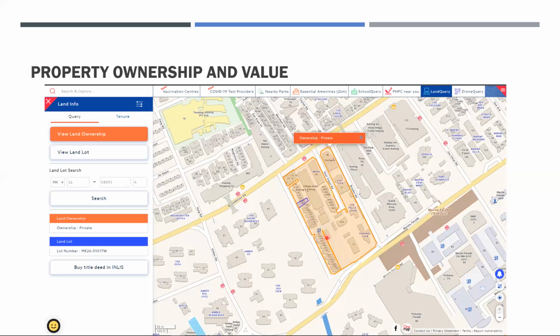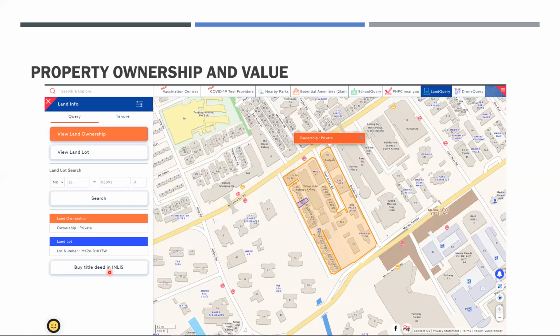Here, I just randomly clicked on a plot of land, and the map already shows the status of its ownership. It's privately owned land. And this is the lot number, and you can also buy title deeds from this One Map.